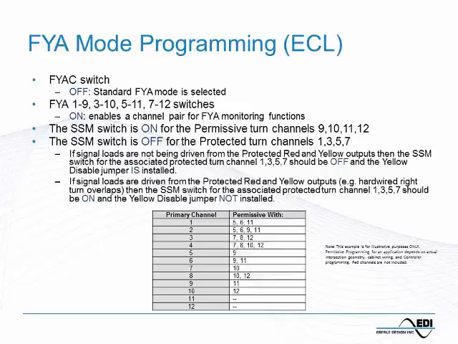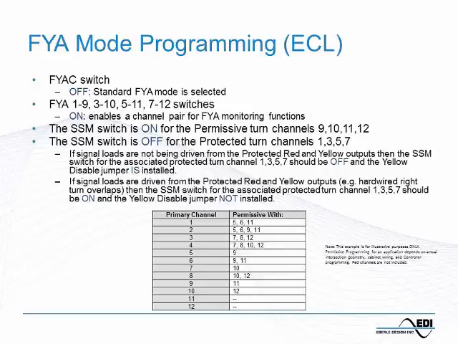Because we want to monitor this flashing yellow arrow movement for all possible monitoring faults, dual indication, short yellow, skipped yellow, we want to turn the SSM switch on for those channels.